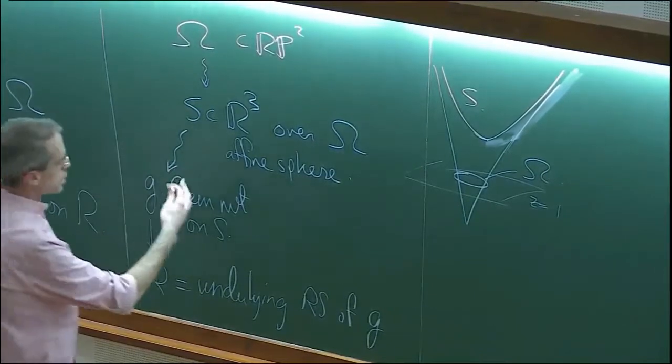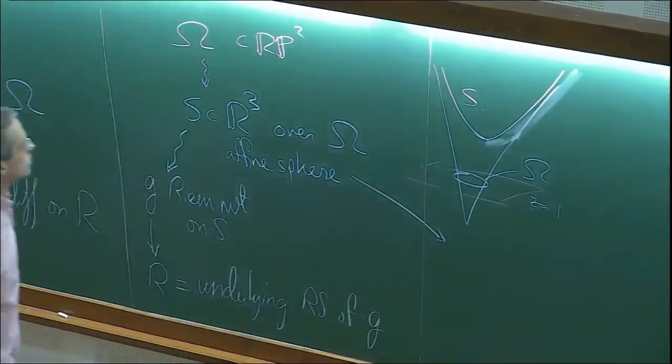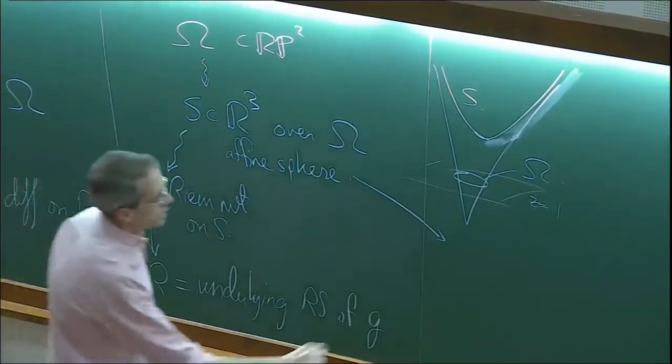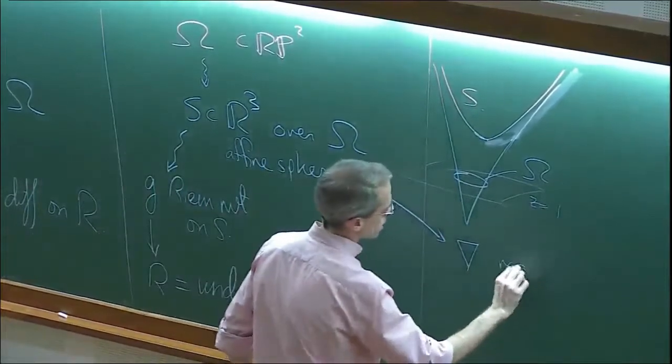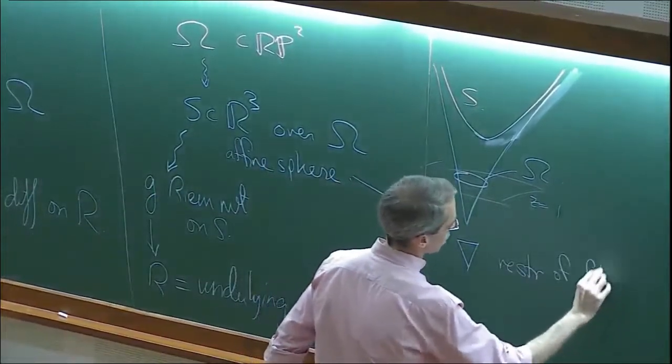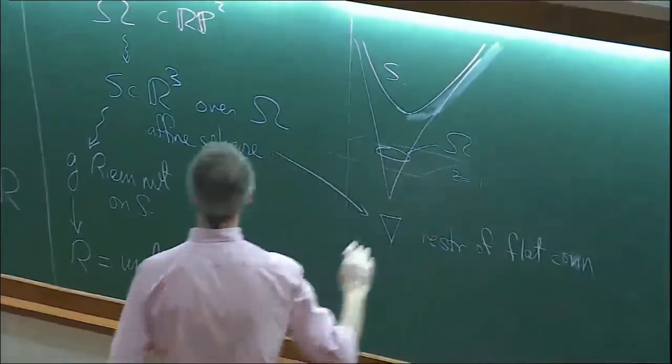So then that's G, but separately, this surface S has a connection on its tangent bundle. That's the restriction of the flat connection of R3.